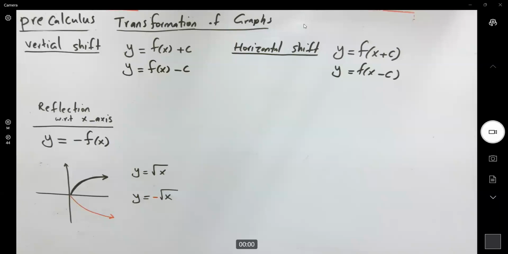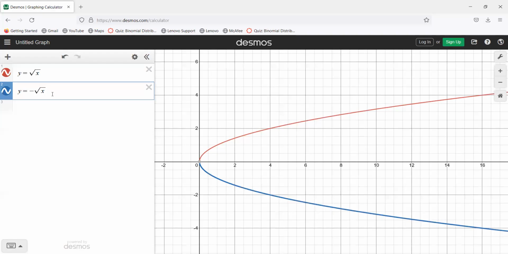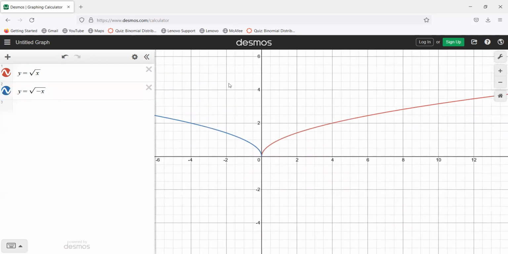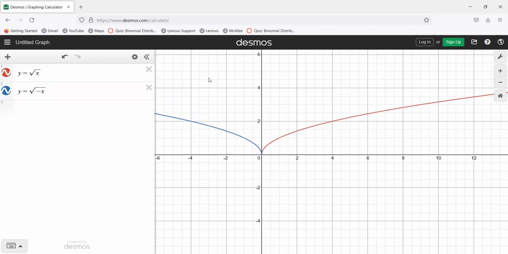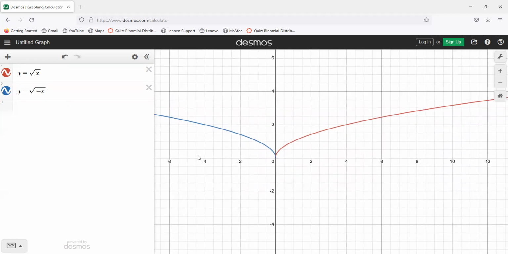Let's take a look at Desmos again. Now, I want to change this by multiplying the x by a negative sign. Well, see what happened. Now I'm changing all of my x values to be negative. Take a look at this.